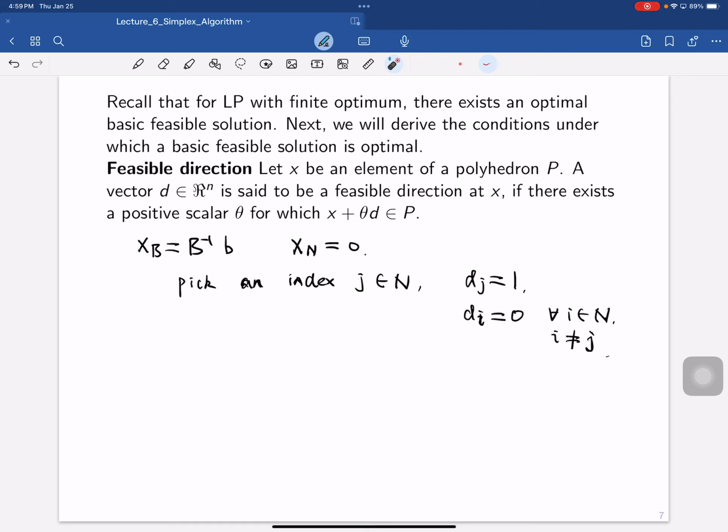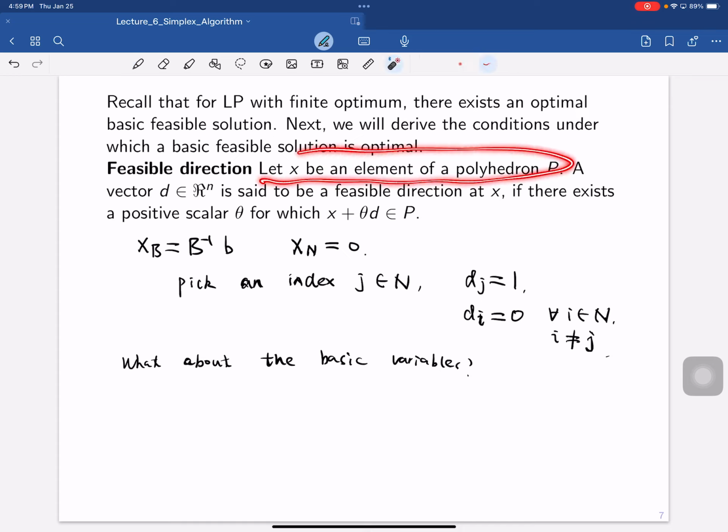But we haven't talked about how the basic variables will change. So now the question is, what about the basic variables, right? For the basic variables, we can derive how they are going to change if we change one of the non-basic variables to 1. First of all, observe that x is an element in the polyhedron, right?